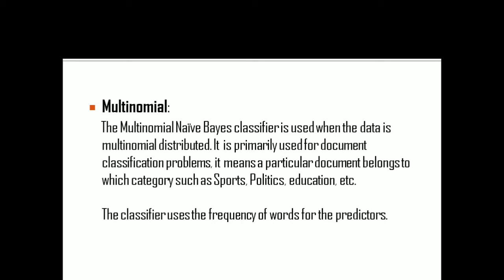It is primarily used for document classification, and here the documents may belong to different categories. For example, if we have a number of documents that are political, sports, education, medical, such types of different documents, and we want to categorize or classify them according to their category, in such cases we will use the multinomial Naive Bayes algorithm.